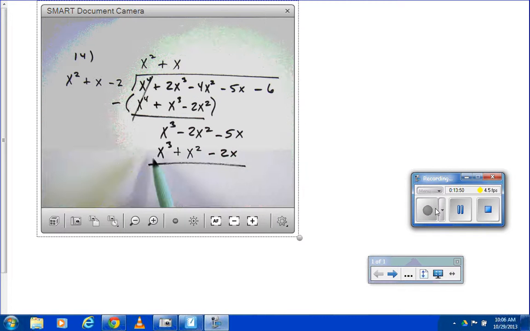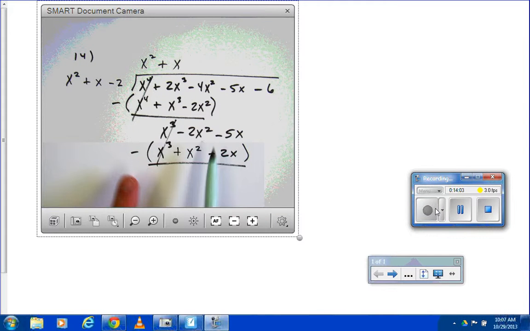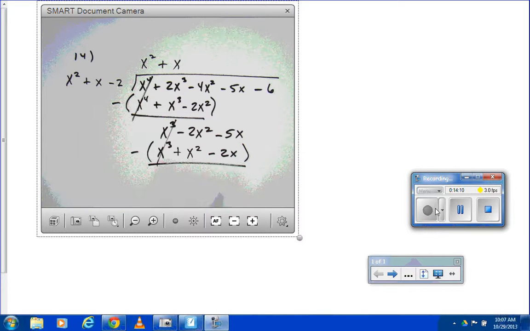Okay, now let's take all this and subtract it. So x cubed minus x cubed always goes away in long division. First term does. Now, let's see if you can think about this. I'm not going to say it. Negative 2x squared and then this. So what would that be? It'd be negative 3x squared.